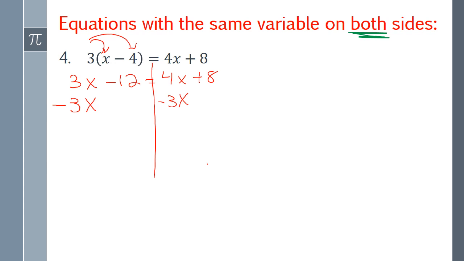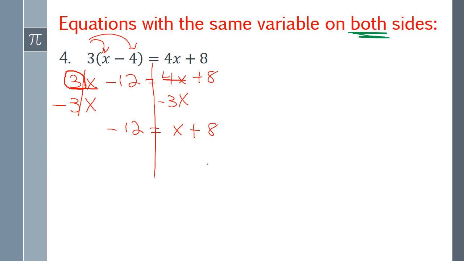Since I have 4x and 3x, and 3x has the smaller coefficient, I'm going to get rid of 3x, which means I'm going to have to subtract 3x from both sides. What I'm going to end up with is negative 12 by itself on the left side, and then 4x minus 3x equals 1x plus 8.